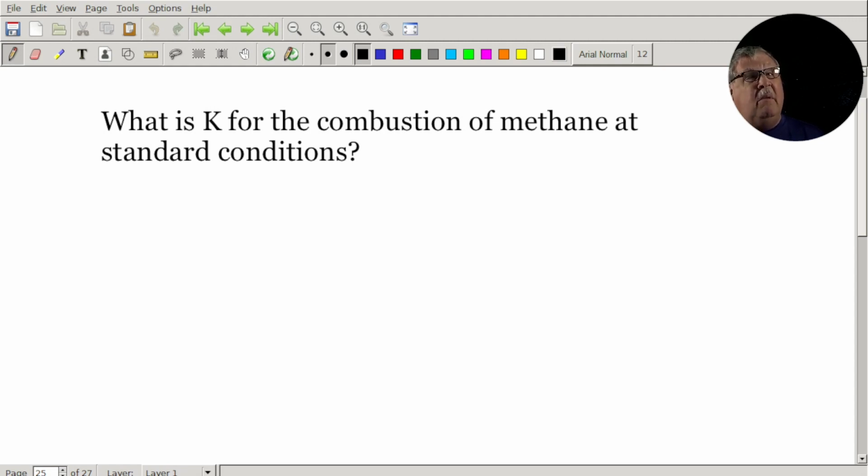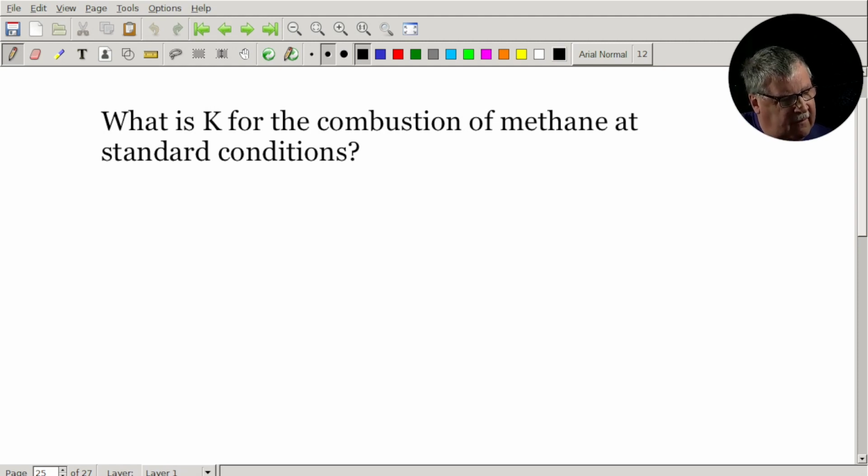And again, if we're using the values that come from a textbook or some other source, we're also going to determine this at 25 degrees Celsius or 298 Kelvin.